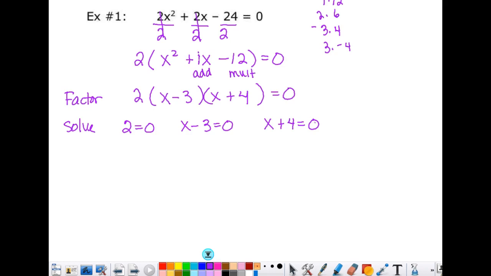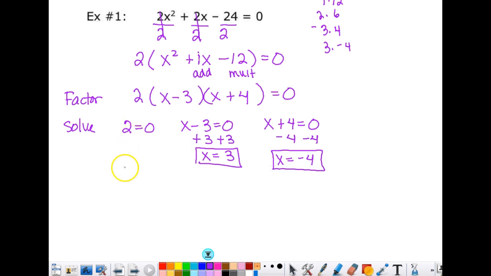Now, you solve for x. So you add 3. What is x? 3. It's the opposite of negative 3, isn't it? So these are easy also. Okay, you subtract 4. What is x? Negative 4. Okay, here, does 2 equal 0? No, it doesn't. So you mark it out, right? Now, we have factored and solved.